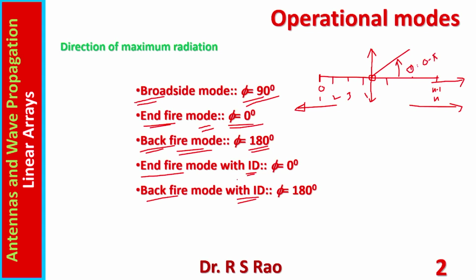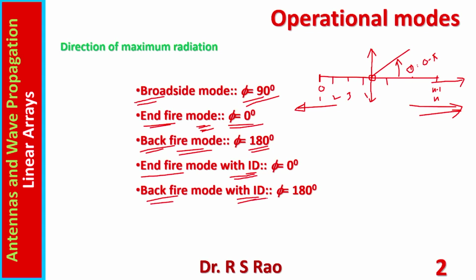End fire mode with ID. This is another important mode. The speciality of this mode is it gives more directivity than that given by ordinary end fire mode. In end fire mode with ID also, the direction of maximum radiation is along the length of the array. Another mode is backfire mode with ID.